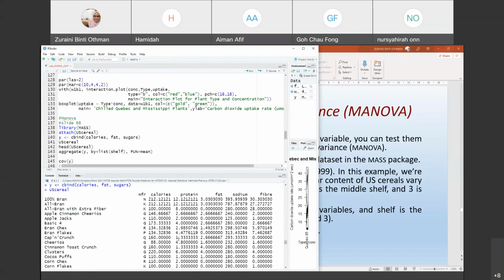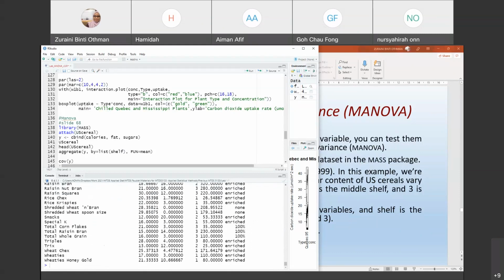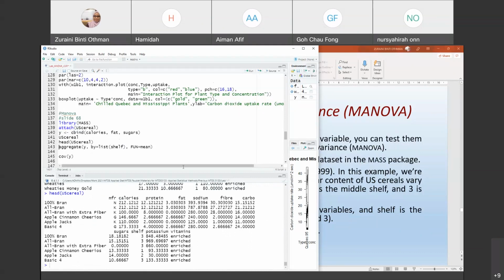Then for head of US cereal, we can see only the first six rows. You can see in this data: mfr, calories, protein, fat, sodium, fiber, carbo, sugar, and the shelf that we just mentioned, and also potassium and vitamins. But here we only want to focus on calorie, fat, and sugar.